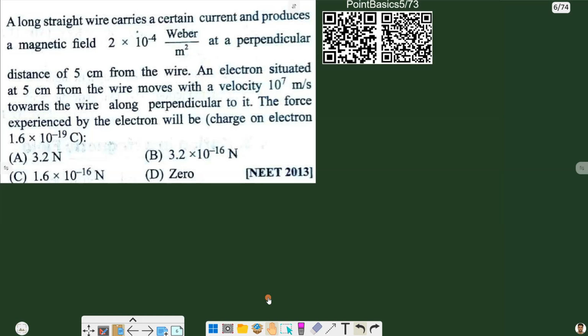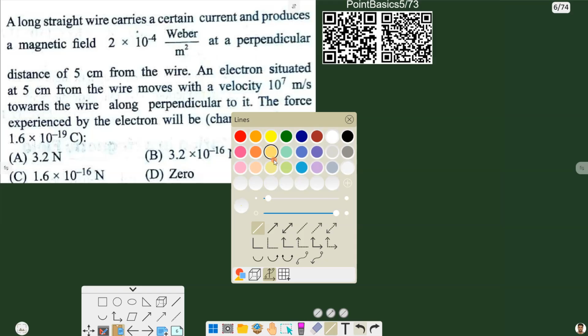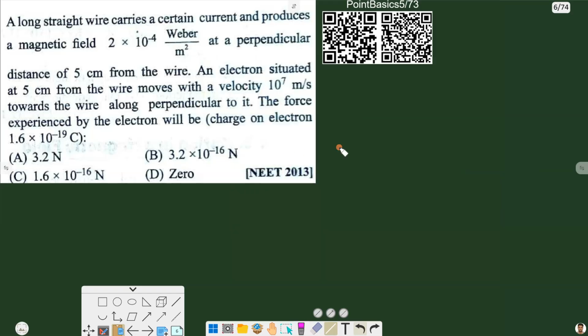So the magnetic field is given to us. So let's first draw the diagram for this question. Suppose this is our wire in the horizontal plane and it has a current that is in positive x direction.